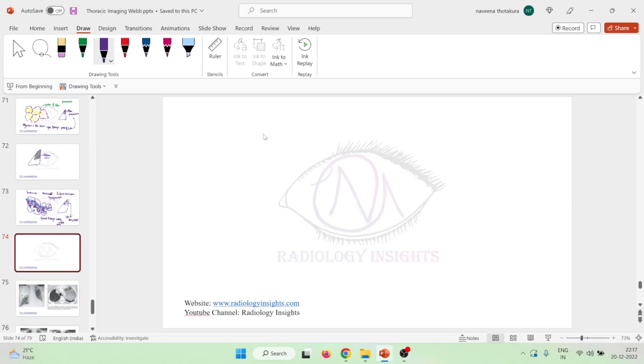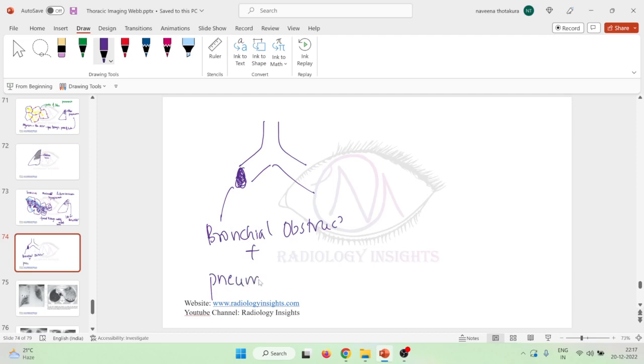One more important thing is that when there is some pneumonia or atelectasis, and that has caused bronchial obstruction. Number one, there is bronchial obstruction, and this bronchial obstruction has led to either pneumonia or some atelectasis.